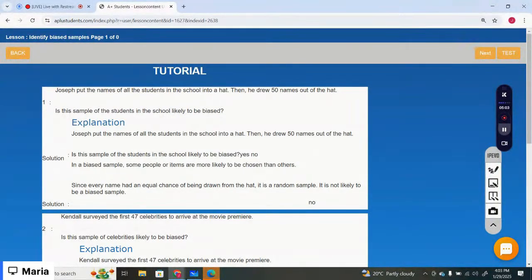Joseph put the names of all the students in the school into a hat. He drew 50 names out of the hat. Is the sample of the students in the school likely to be biased?